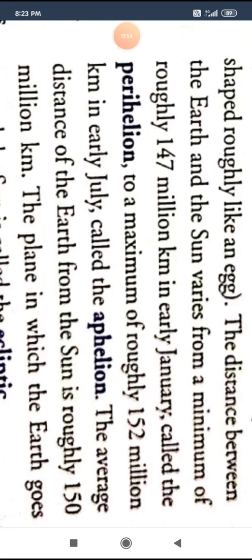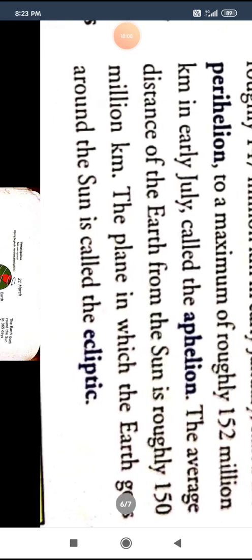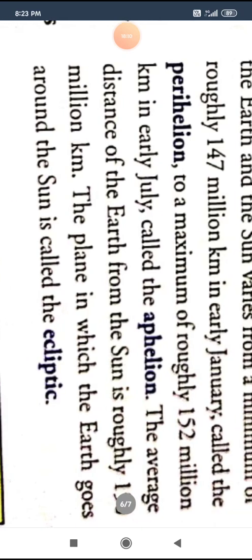What is the minimum distance? 147 million kilometers. And what is the maximum distance? Roughly 152 million kilometers in the month of July. But the average distance of the earth from the sun is 150 million kilometers.